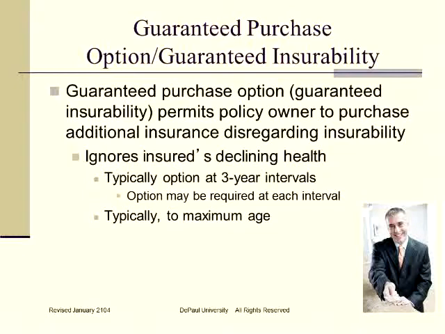Future purchase or guaranteed insurability option says, when you're healthy and you bought your policy, especially whole life insurance, we, the insurance company, are going to guarantee that you are going to be able to buy more life insurance at a future time, even if your health changes.